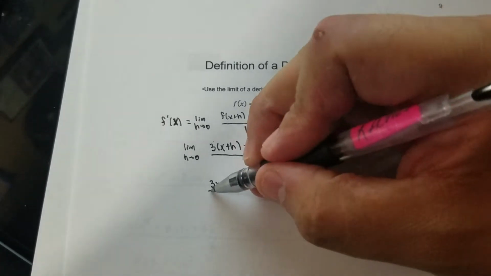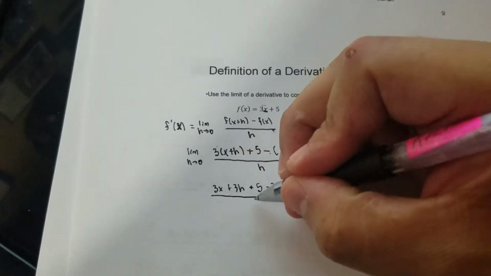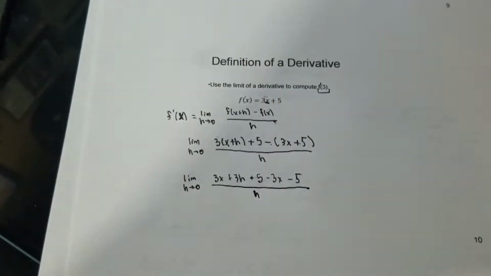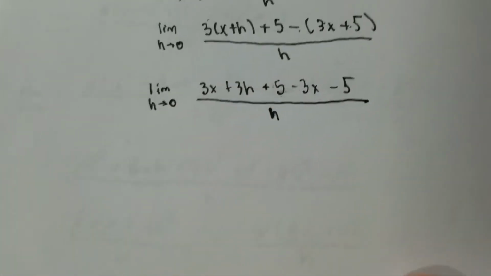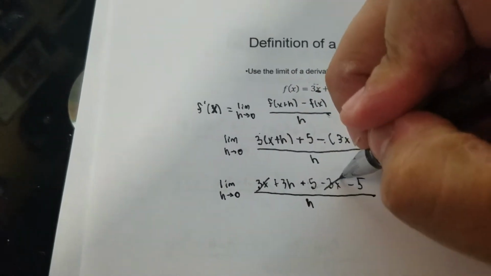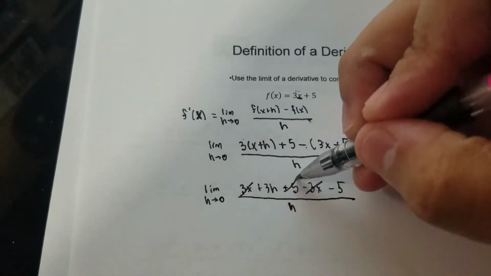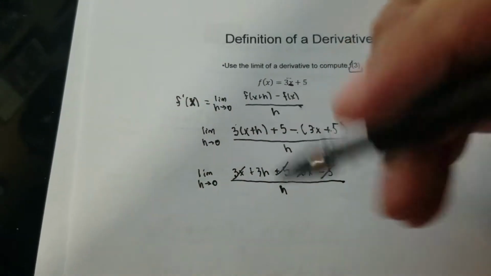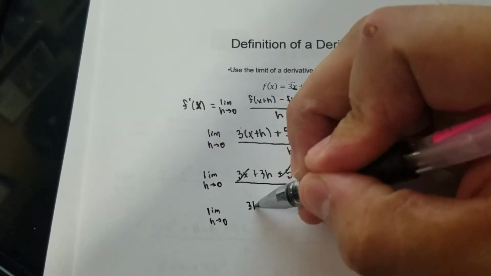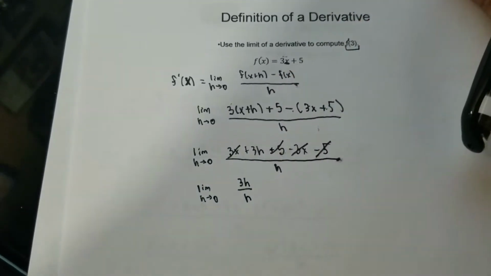Really what we're going to see here is a bunch of things starting to cancel. I see that the 3x and the negative 3x will cancel. The 5 and the negative 5 will cancel. So all I'm left with is 3h divided by h.